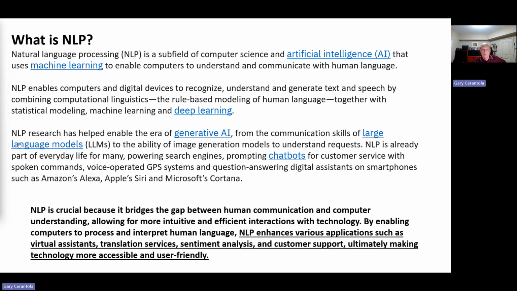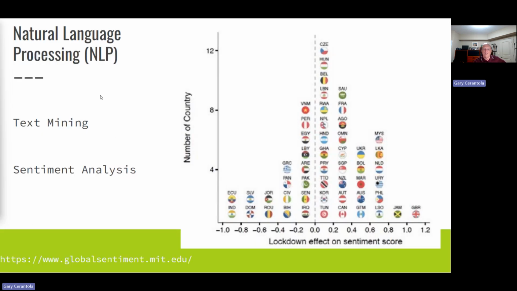And NLP research has helped enable generative AI. So there's all kinds of things about NLP. It's crucial because it bridges the gap between human communication and computer understanding, and enhances various applications. So this is a key area that you should be cognizant of.